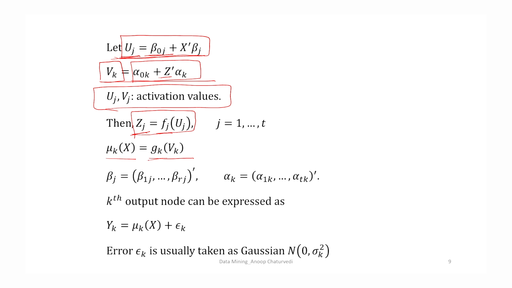And ultimately you can write g k v k as a function of x also. And suppose you write g k v k equal to mu k x. Now, suppose beta j is equal to beta 1 j, so on beta r j transpose, alpha k is equal to alpha 1 k, so on alpha t k transpose.